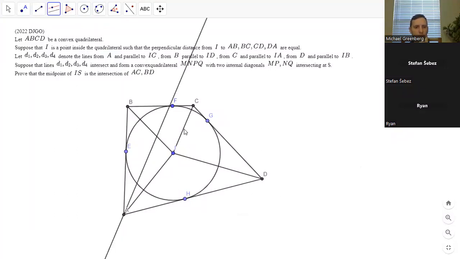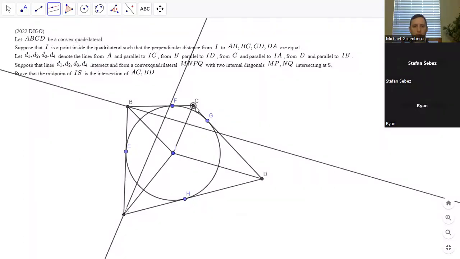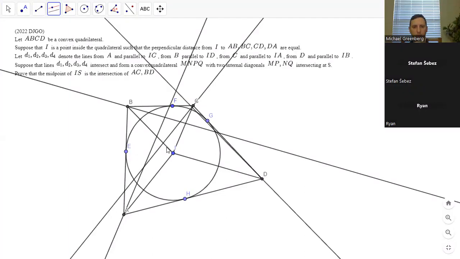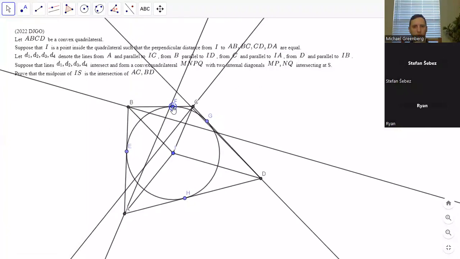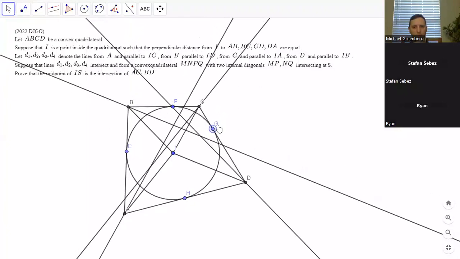So we have this parallel, B to IB, C to IA, and B to IB. They form this quadrilateral right here, and then PQ. Let's make it look a little nicer.